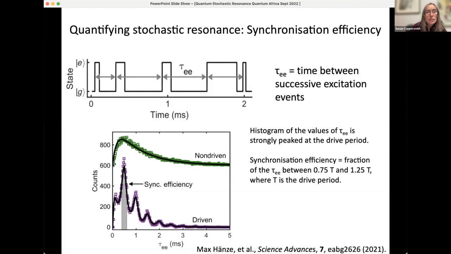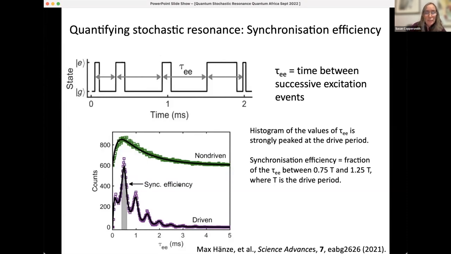If there's no drive, you get a completely smooth curve. But if you have a drive, you get a big peak here. What they call the synchronization efficiency is just the area under that peak. Basically it says: what's the time to the next one, and what's the probability it's within a quarter period of being synchronized with the drive?